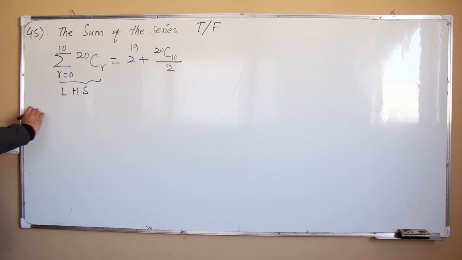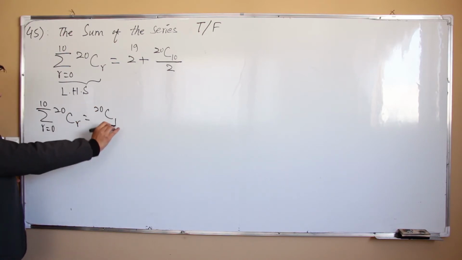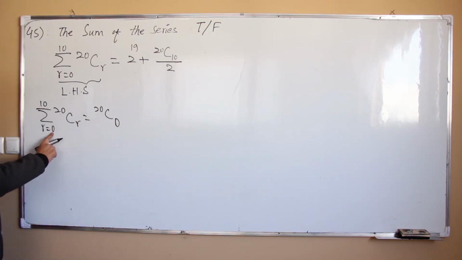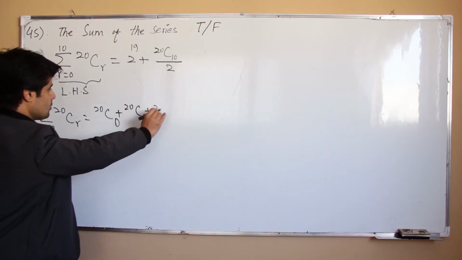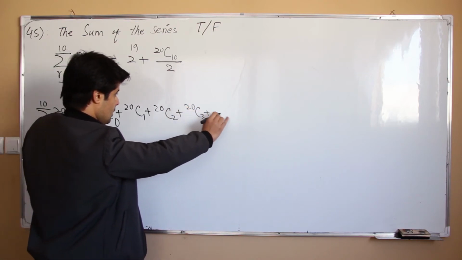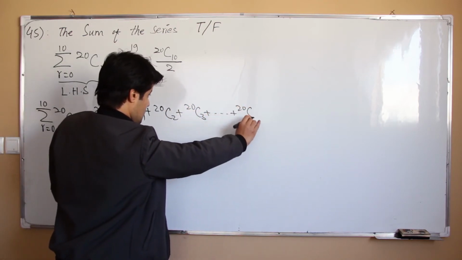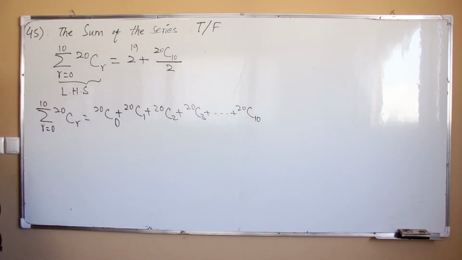In LHS, we have summation of r equals 0 up to 10, 20Cr. What does it mean? It means 20C0, it starts from 0 up to 10, then 20C1, 20C2, 20C3, up to 20C10. Why? Because r starts from 0 up to 10.